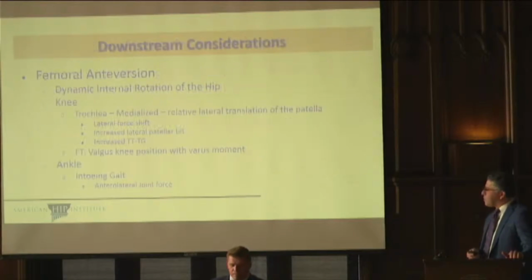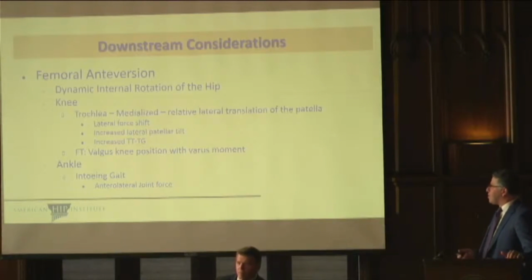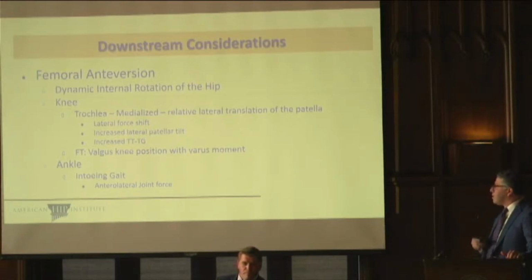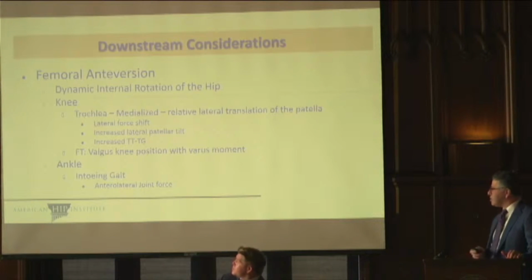So what are the downstream considerations with both extremes? With femoral anteversion, we think about dynamic internal rotation of the hip. We think about the medialized trochlea, which gives a relative lateral translation of the patella that causes lateral foreshift with increased lateral patellar tilt, relative increased lateral tibial tubercle trochlear groove distance, and a valgus knee position.